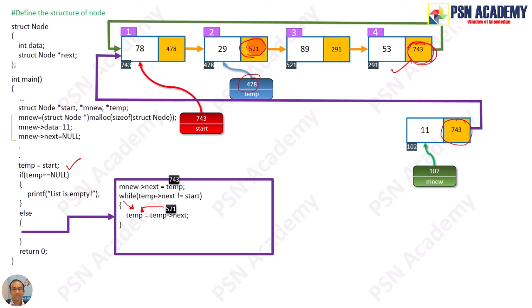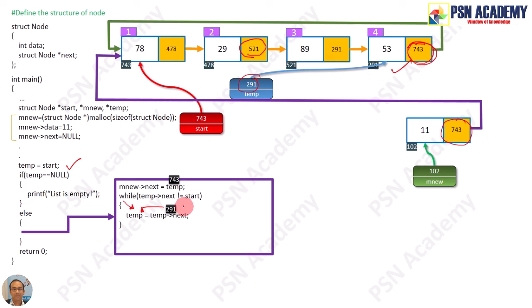Now temp next is 521, so it goes to 521. Again, the while loop condition returns true, so you get inside and run this code so that the temp pointer starts pointing to the node at 291. Now you check the condition again and you see that the temp next is really pointing to start. So the while loop stops, right?